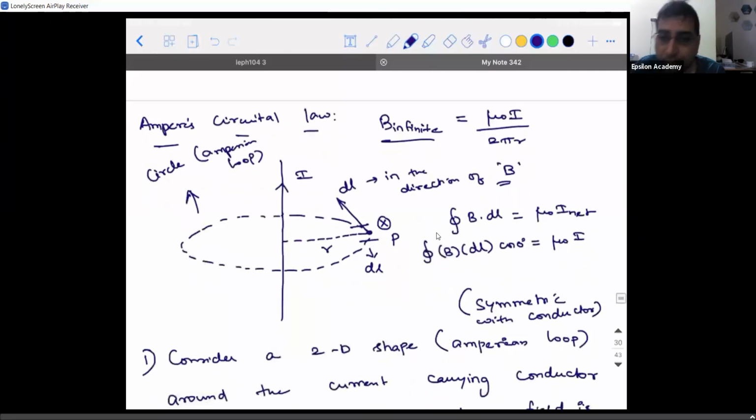Okay. So if I take that B outside, why am I taking B outside? Because at any point P, which is at a distance R from the current carrying conductor, the value of B is a constant.